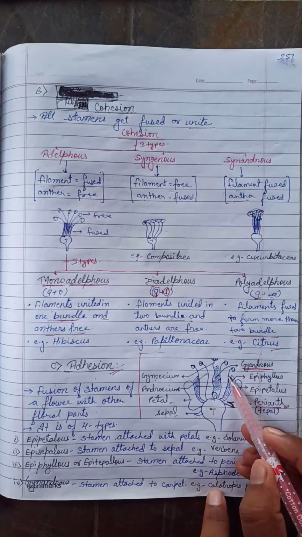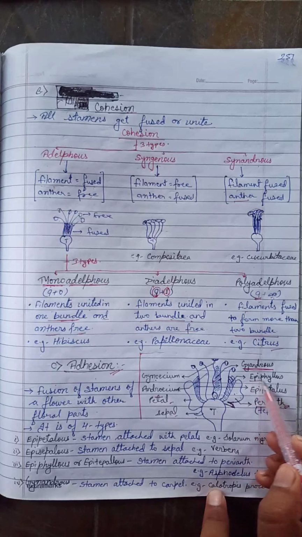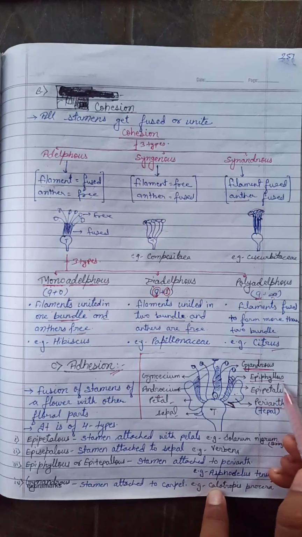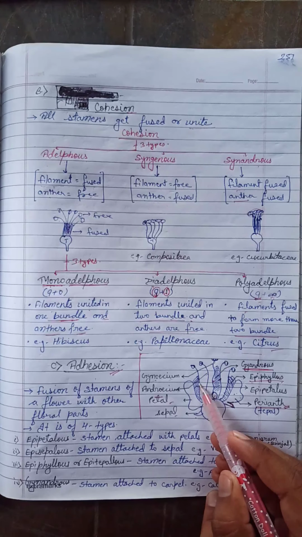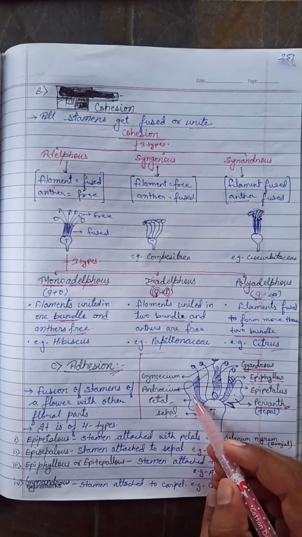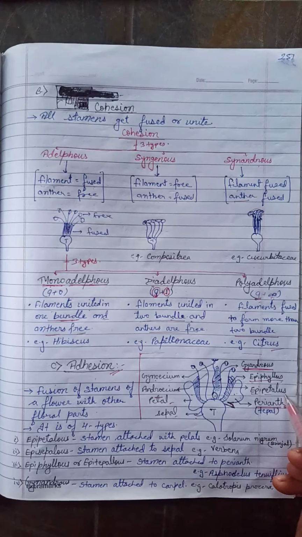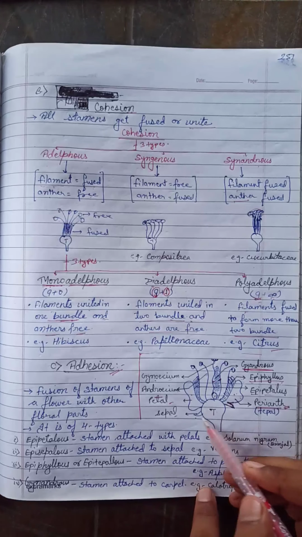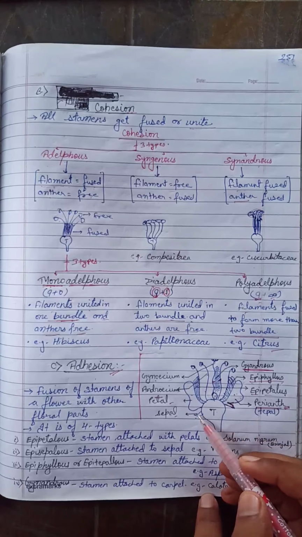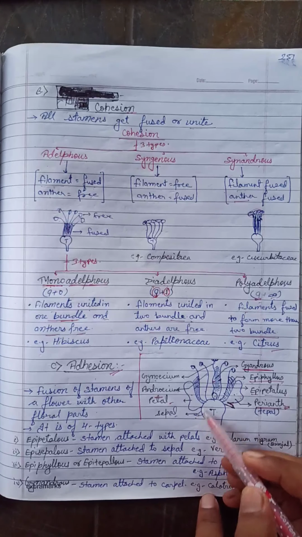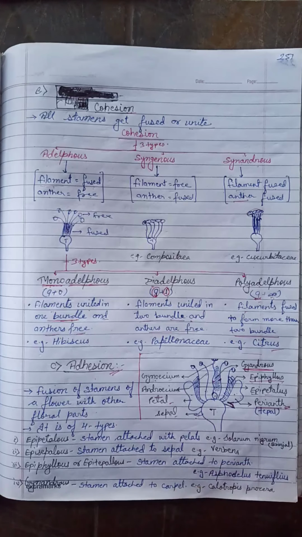When the male reproductive part is attached with the perianth, it is called epiphyllous. When the androecium is attached with the petals, that condition is called epipetalous. One more condition will happen in this diagram, but we are not showing it here: when the androecium is attached with the sepals, it is called episepalous. All these conditions will be discussed here.